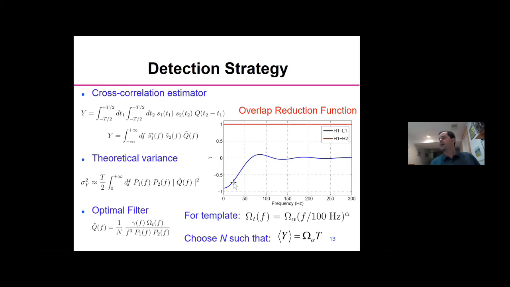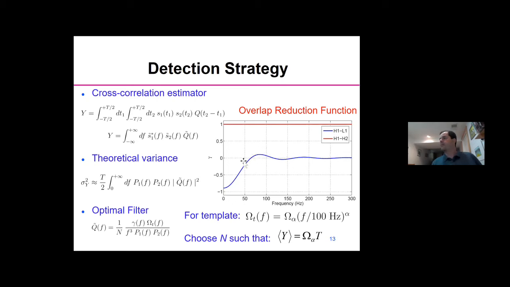So we have zeros in this overlap reduction function, meaning that at certain frequencies we have no sensitivity to gravitational waves. And you also see that in addition to this F cube term that we talked about, and the fact that we lose sensitivity at high frequencies simply because of the shot noise of the laser in the gravitational wave detectors, on top of all of that, even the overlap reduction function suppresses the high frequencies.